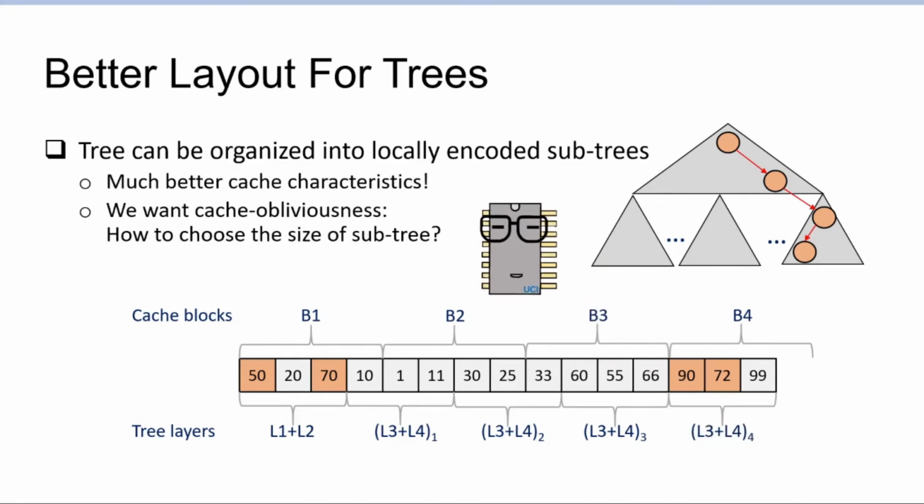We want this to be high performance, regardless of any reasonable machine that we're going to run it on. So the question becomes how to choose the size of the subtree. And as before, the answer is we choose it recursively, so that at some point in the recursion we happen to pass by the correct value.